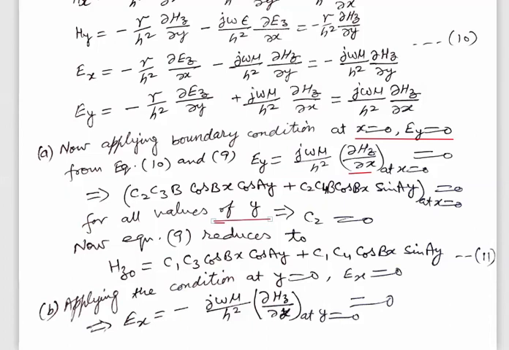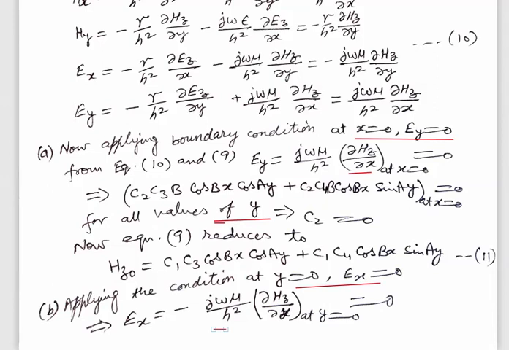Now we apply the second boundary condition, which is at y equal to 0 plane surface, Ex component is 0. Again from equation number 10, Ex component is given by minus j omega mu upon h square into del Hz over del y.